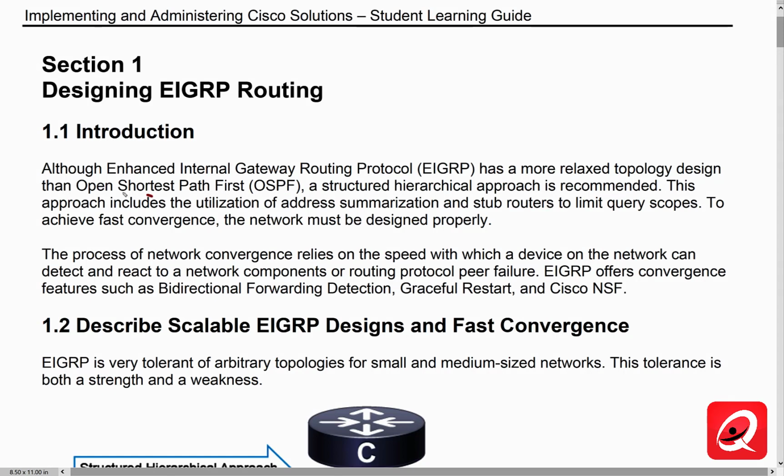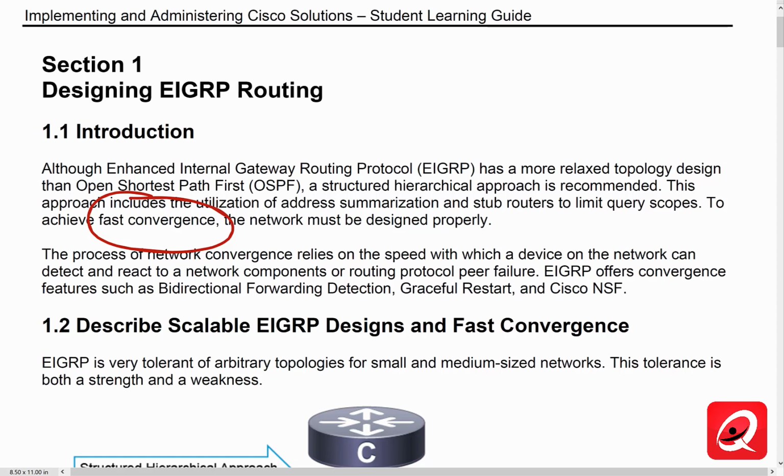All right. As far as convergence goes, there's always two things that you consider when you talk about a routing protocol. Number one is how quickly does the protocol handle changes to the topology? Additions of networks, changes in metrics, overall just changes in the topology altogether.